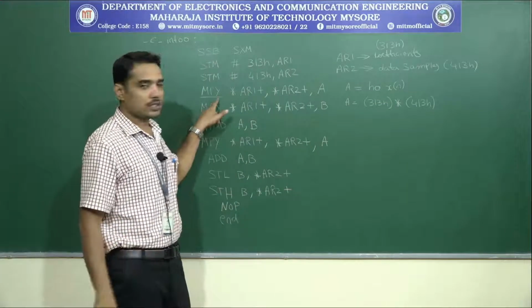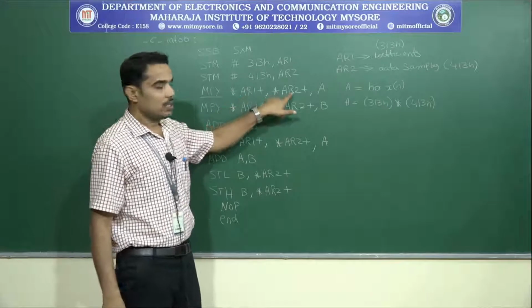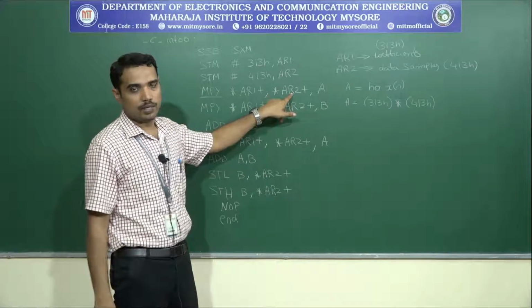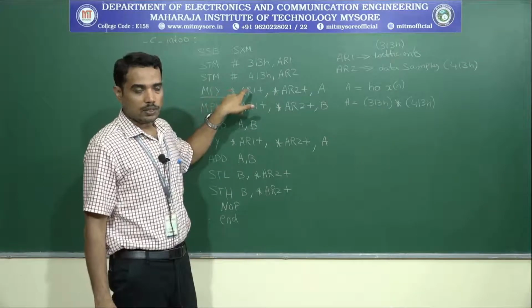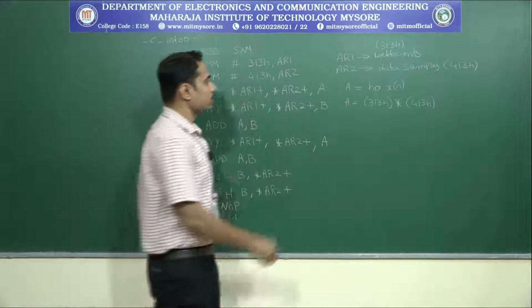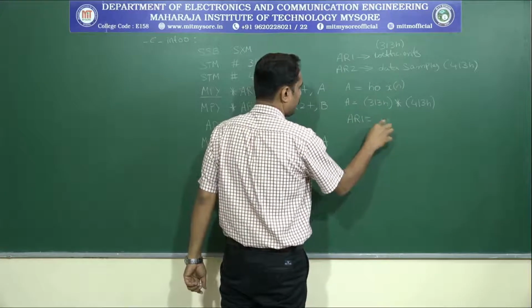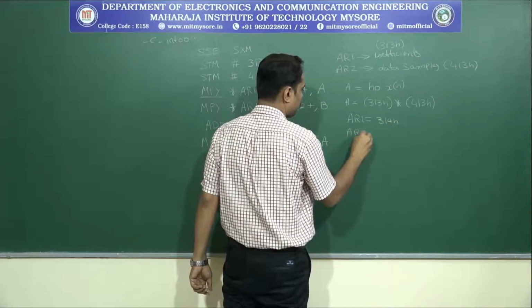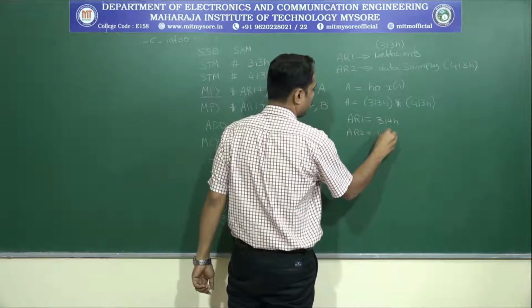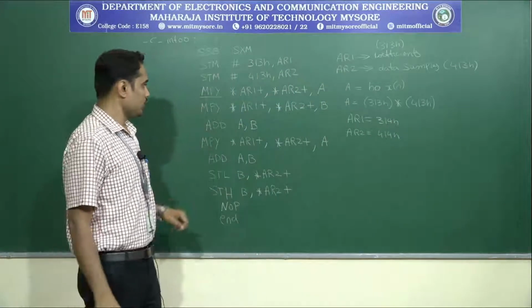After the multiplication operation, AR1 and AR2 will be updated because of post increment. After performing the multiplication, AR1 is updated to 314H and AR2 is updated to 414H after execution.